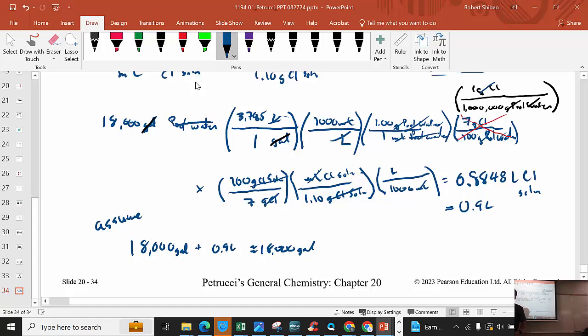In that case, we have what we call a system of equations. In order to figure that out, we have two unknowns. We don't know the final volume of the pool, because in order to get that, we need to know the chlorinating solution volume. In order to get the chlorinating solution volume, we need to know the final volume of the pool. So we're stuck. We have two unknowns. We don't know the volume of the pool, we don't know the volume of the chlorinating solution.